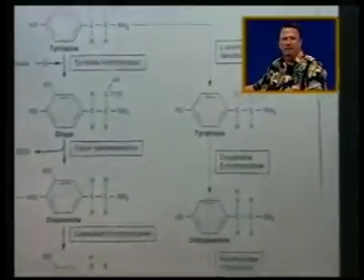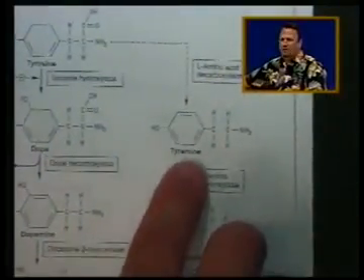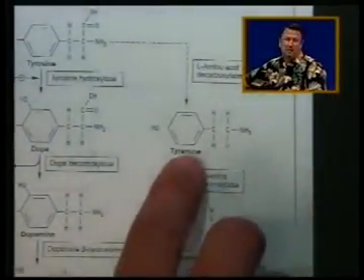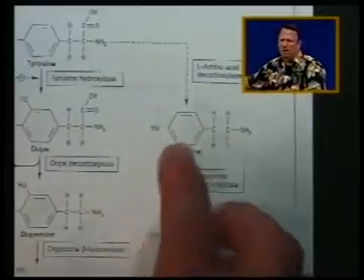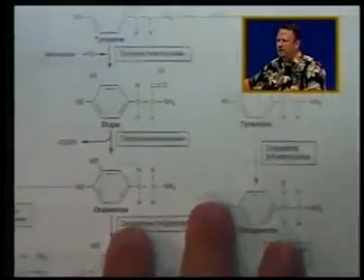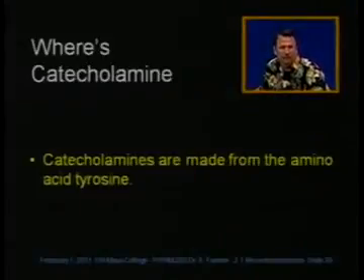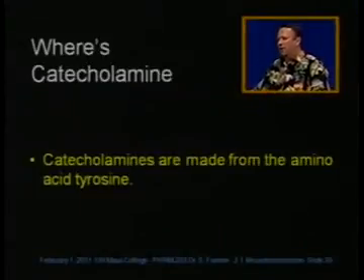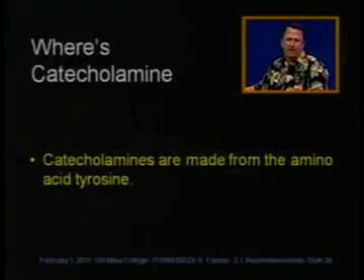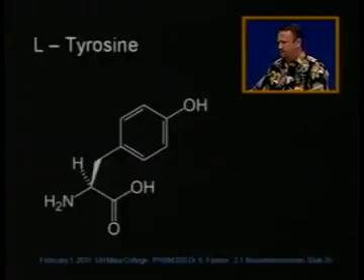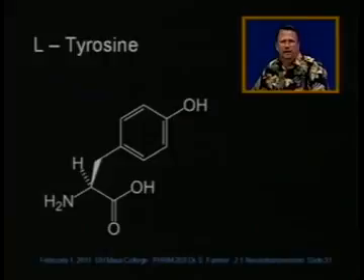If you look very carefully, you'll see the metabolism of tyramine as well. So I wanted you to take a look at these. You can memorize all the chemical steps if you want to. So the catecholamines are made from the amino acid tyrosine. Oh, and there's a picture of L-tyrosine.